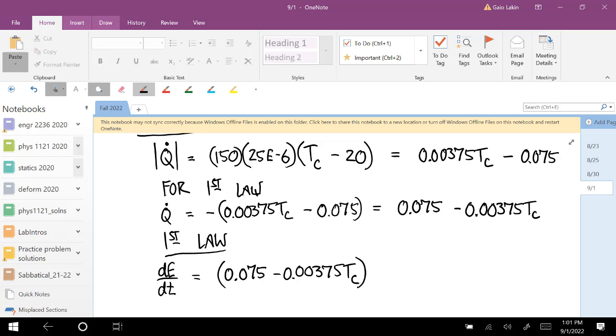Positive W dot would be the chip doing work on the surroundings. What do we have in this case? That's right, and so this also needs to be negative.